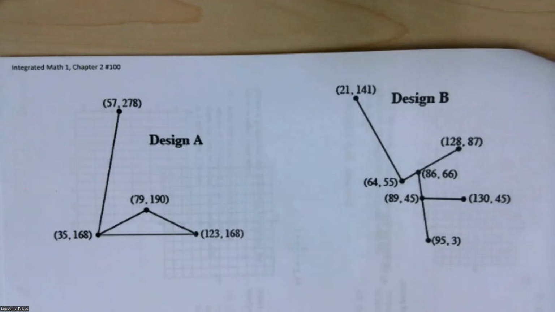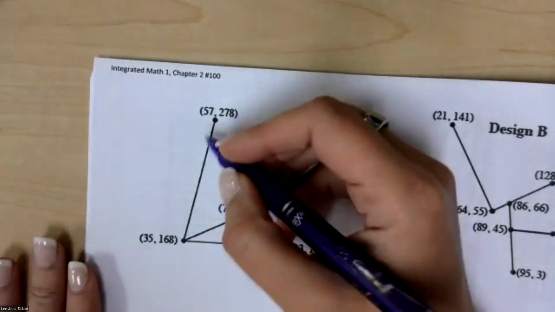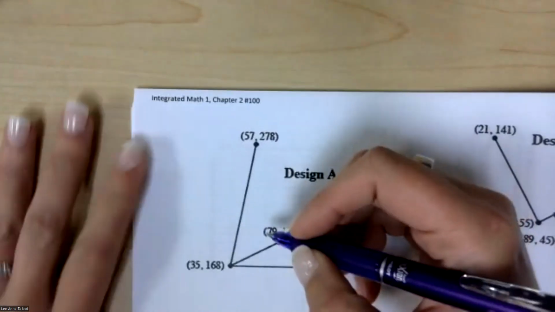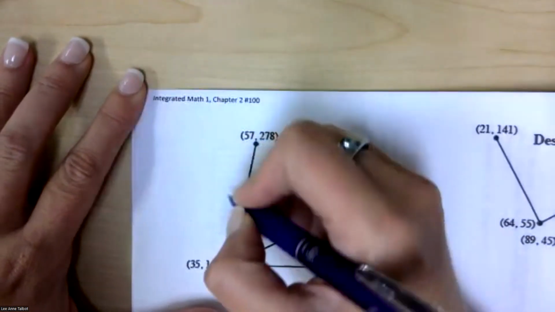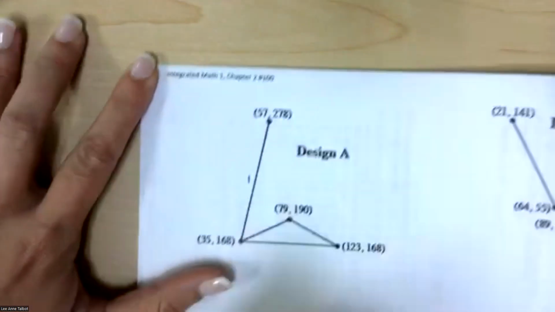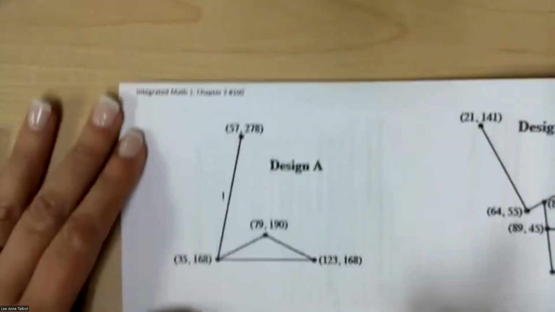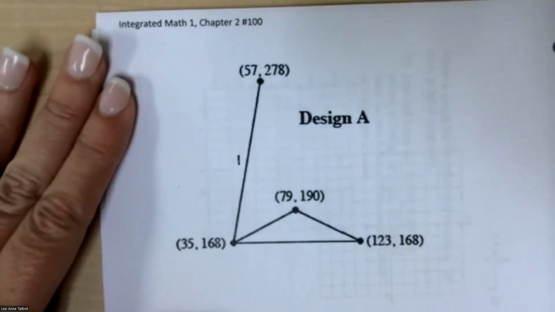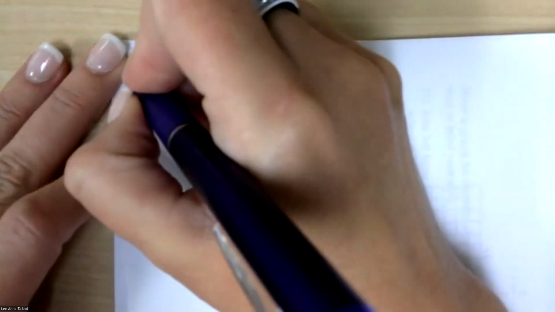Okay. So we're gonna do design A, and we're gonna come up here. I'm gonna do one with you here. We have, let's call this segment 1. So we're gonna put a 1 down here next to this line, and I'm gonna try to fit the math in here, so I'm gonna write kind of small.